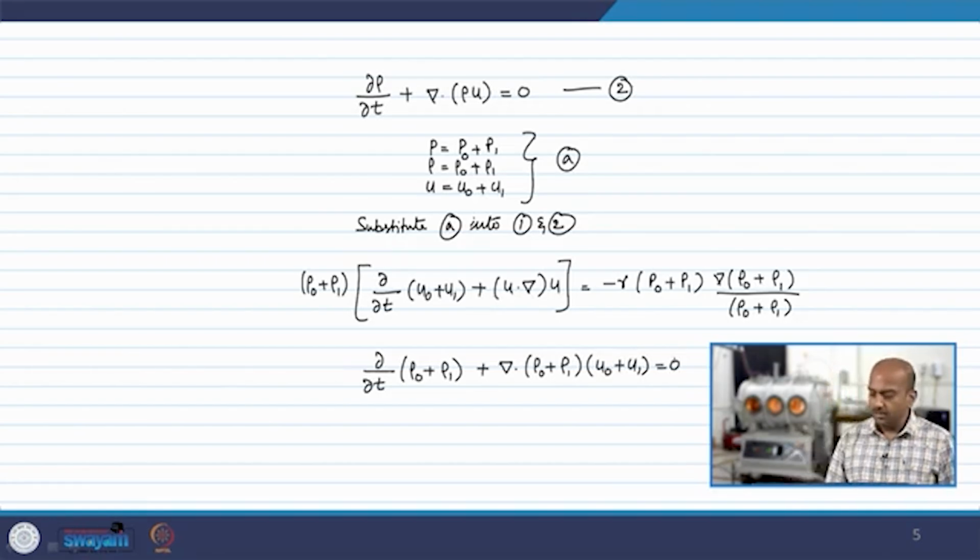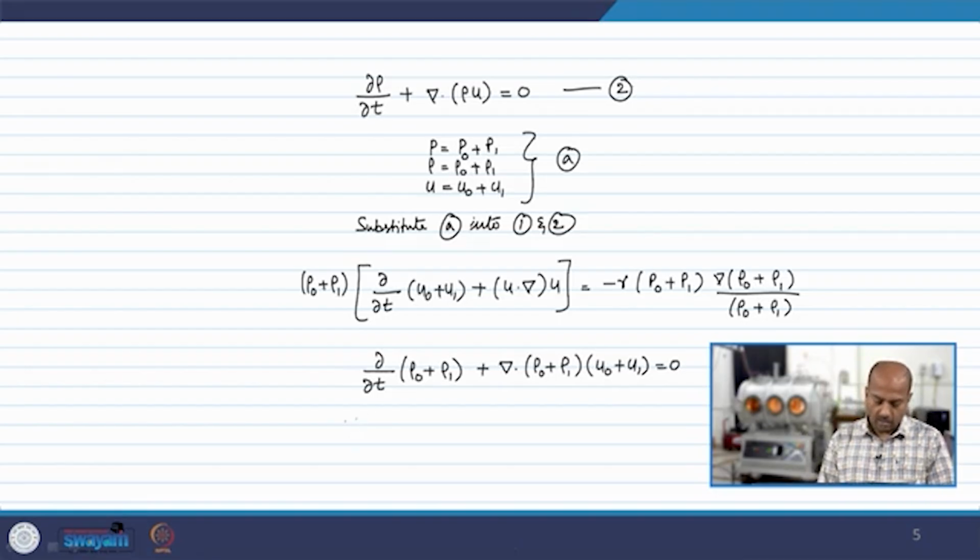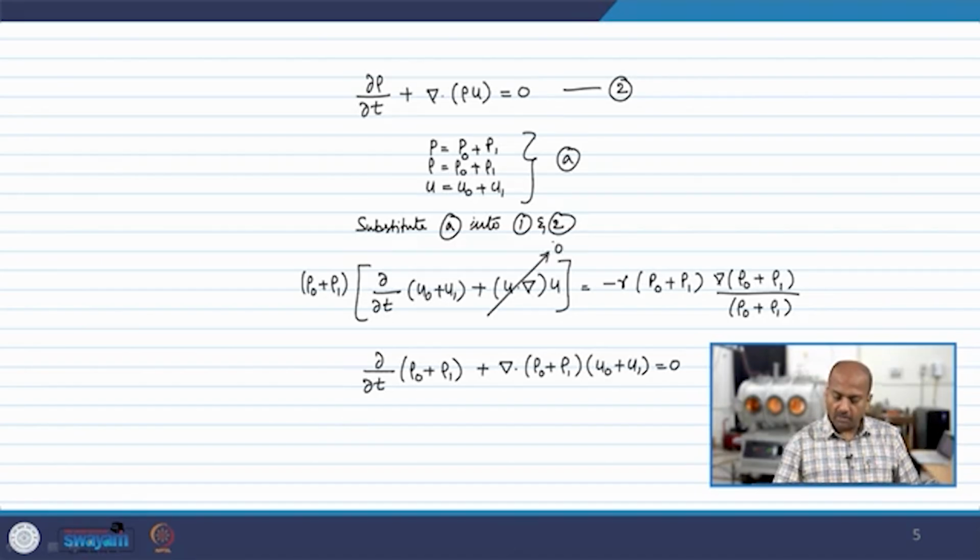We can linearize this using the simple assumption that any term which has second order perturbation variables can be neglected, and any variation of the equilibrium parts with respect to time can also be neglected. For convenience we also make the advection term, which is basically a second order term anyway, to be 0.